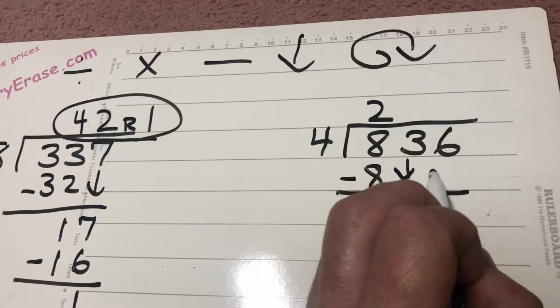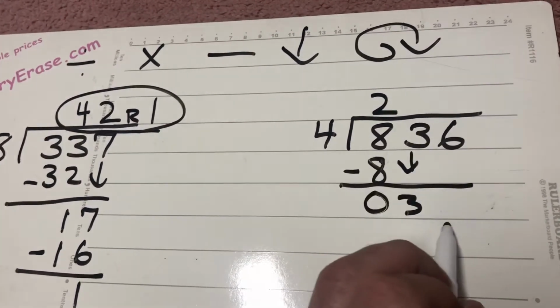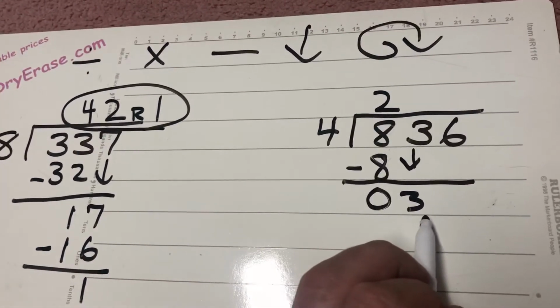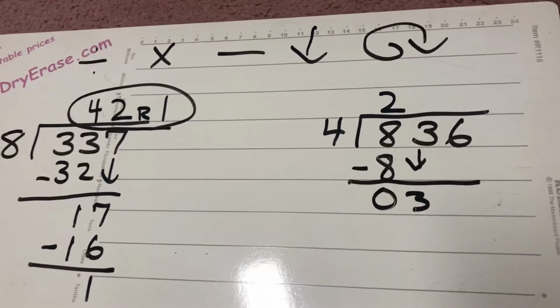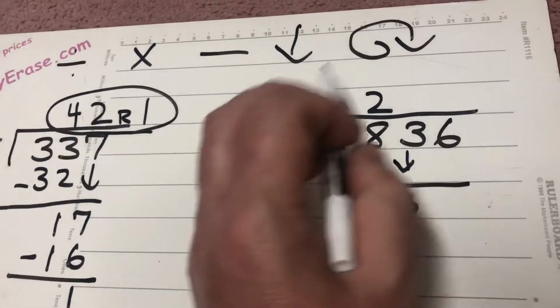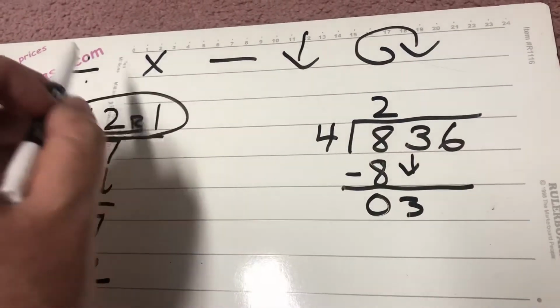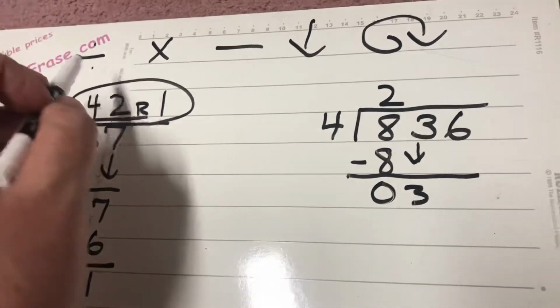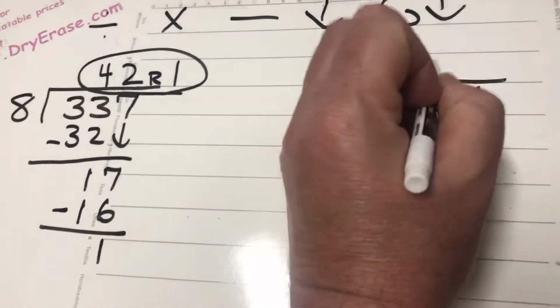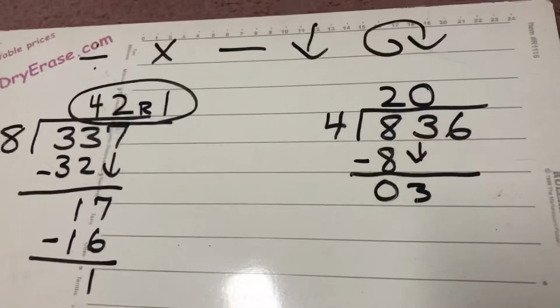A common mistake that is made is then people just go ahead and bring down the 6 and put a 9 up here because 4 times 9 is 36, and that's not correct. 4 cannot go into 3, but after I bring down, I have to start over, which means I have to divide, and if I divide, I have to put a number up here. 4 can go into 3 0 times.